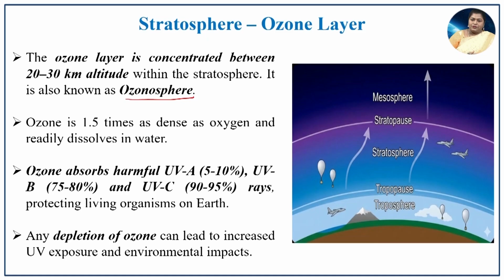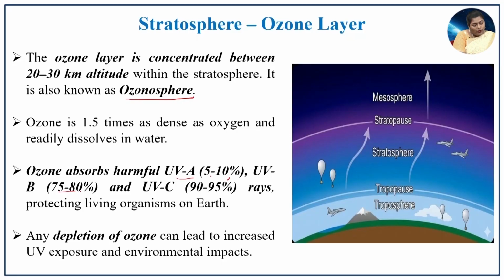The ozone absorbs ultraviolet radiation, we know that. So, what type of ultraviolet radiation and what percentage of ultraviolet radiation is received by ozone? That is, 5 to 10% of UVA is received by this ozone layer, and then 75 to 80% of UVB is absorbed by the ozone, and 90 to 95% of UVC is received by this ozone.